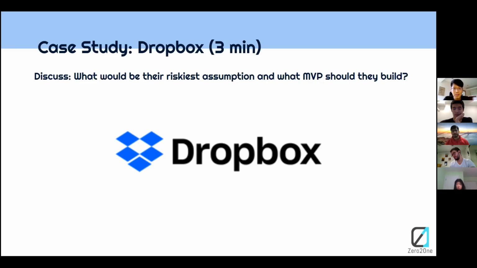For the MVP, we thought it would be an app that is a lot simpler for businesses to use, and it focuses just on businesses and has tools that help them keep track of their employees and whatever files their employees upload onto Dropbox. Focusing on businesses as the initial target market, and then building a similar MVP to what Davi mentioned, a simple file sharing platform. Okay, that's good. How about the next group?